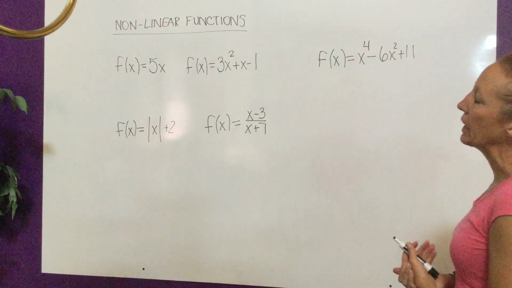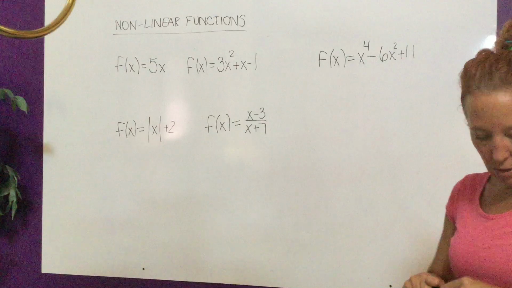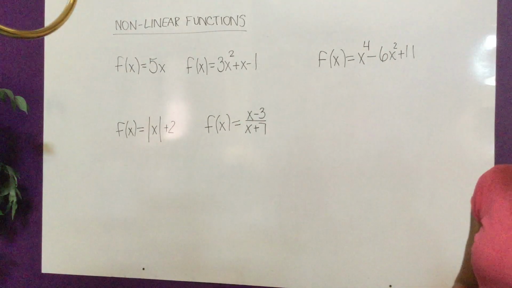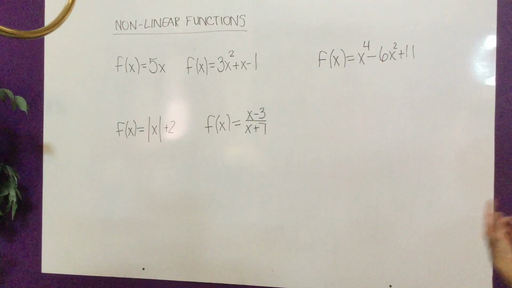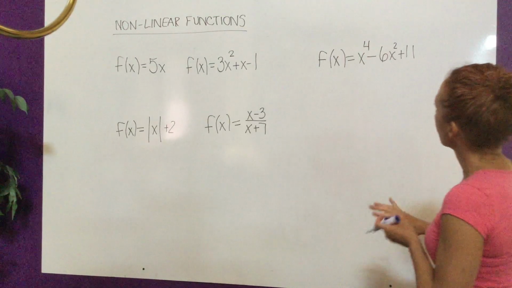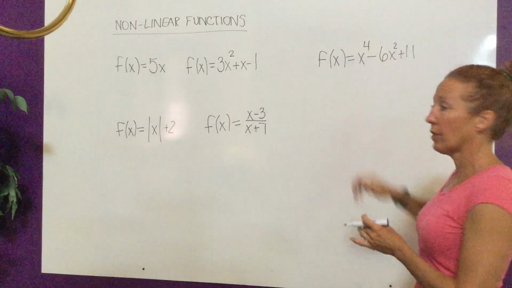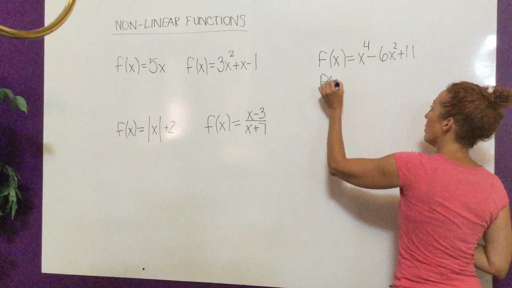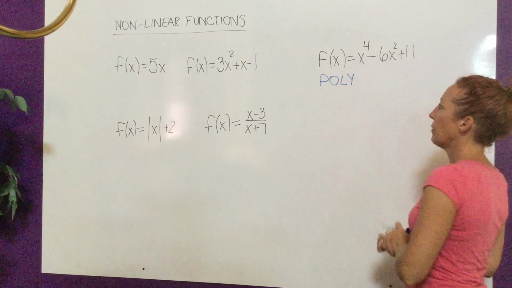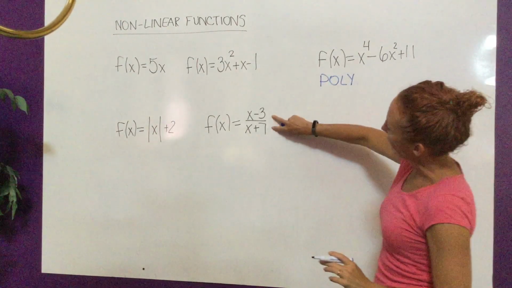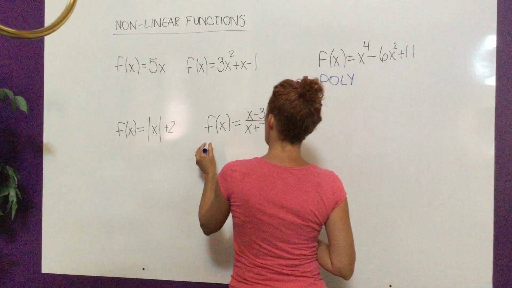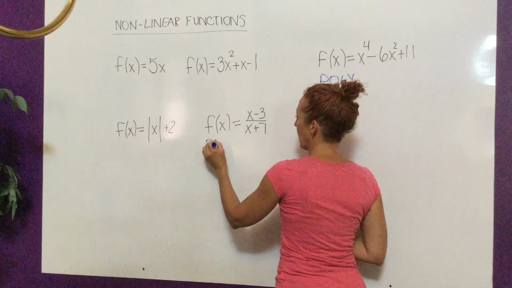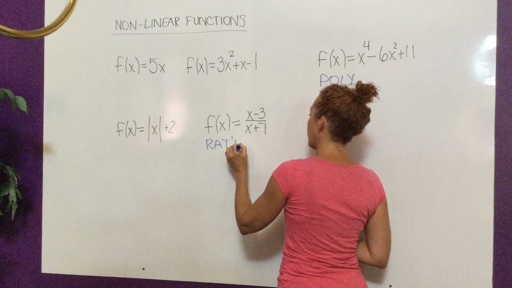I did include one linear. And so if you've understood my clues of how to tell what's what. All right, this one goes all the way up to the 4th degree. So that is an example of the polynomial. Here we have a fraction, x is in the denominator, so this is an example of your rational function.